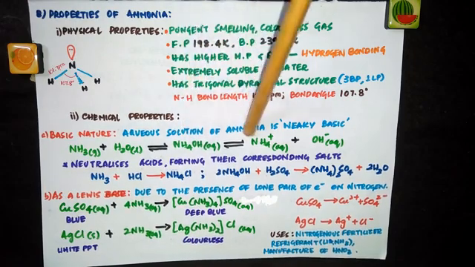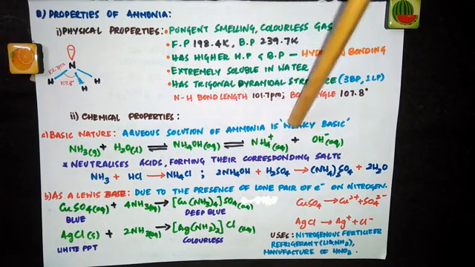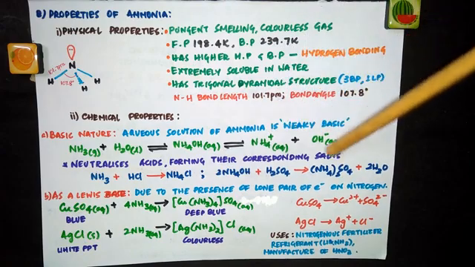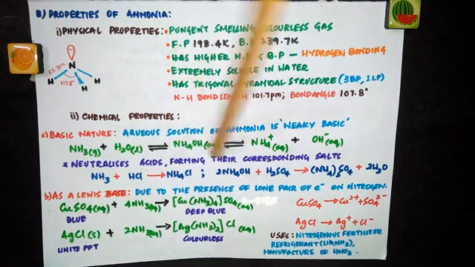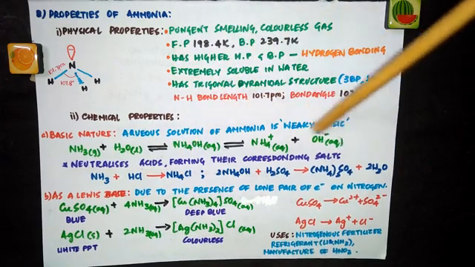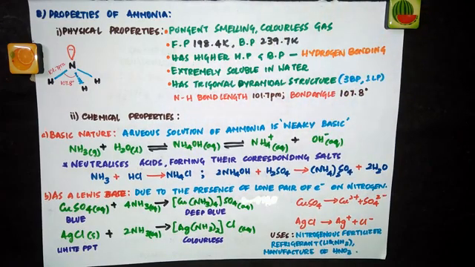And this dissociates to give you NH4 plus and OH minus. So the weakly basic nature of ammonium hydroxide is due to the presence of OH minus ions. So how can you say a solution is basic or acidic? By using litmus paper.